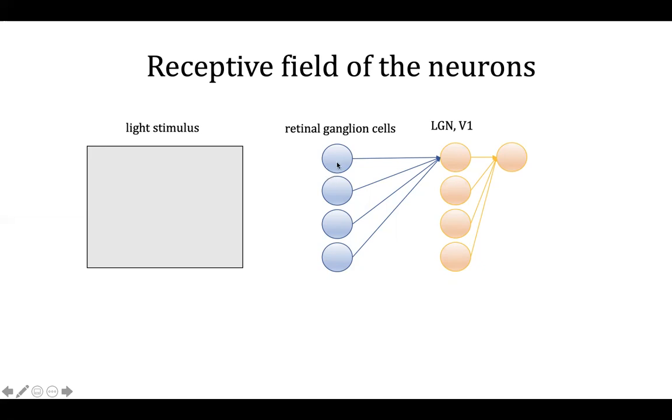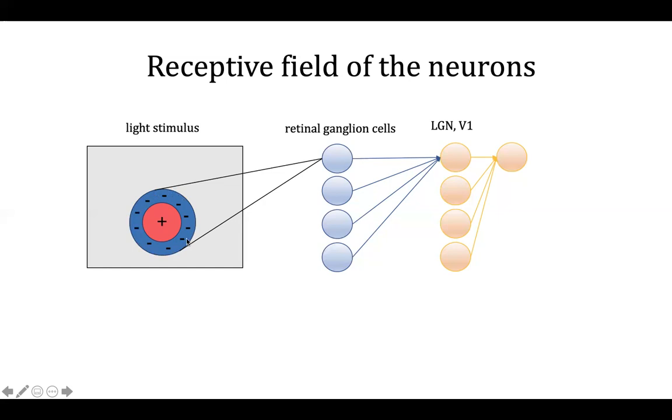Each of these retinal ganglion cells had a specific receptive field. And what is the receptive field? It means that each of these retinal ganglion cells is connected to only a small patch in the retina.